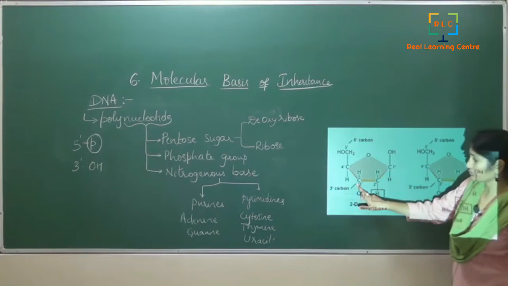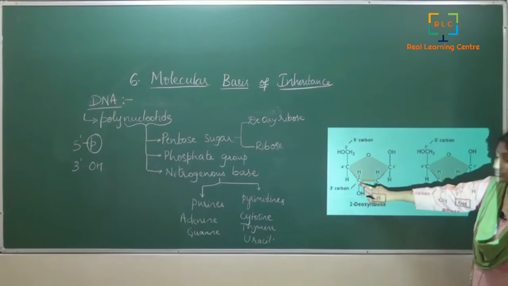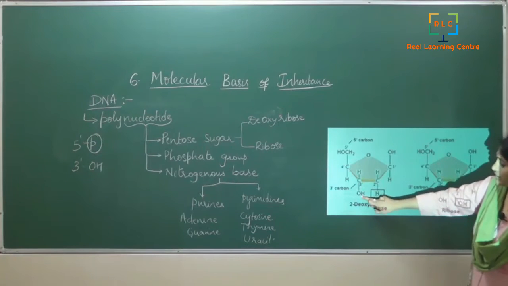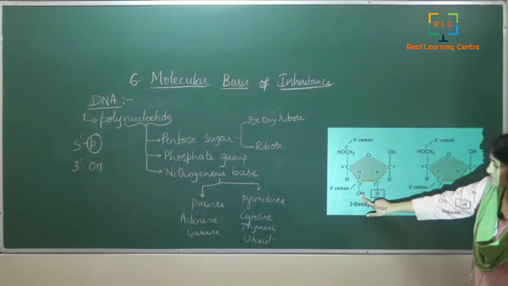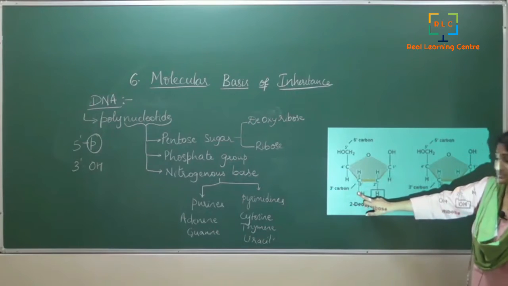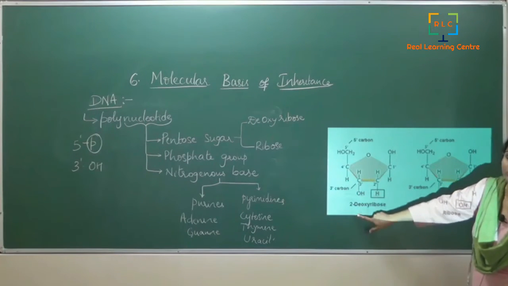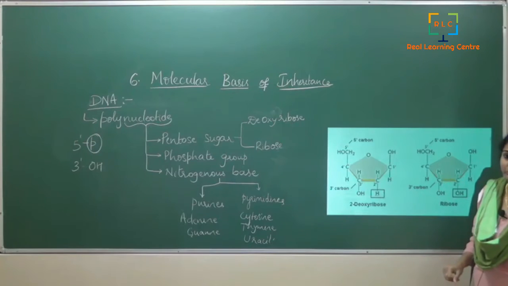And then we have the third prime. Now this third prime carbon has OH and H. Now what we see is when there is a phosphate group that is attaching, this H comes out and that phosphate group gets attached here.